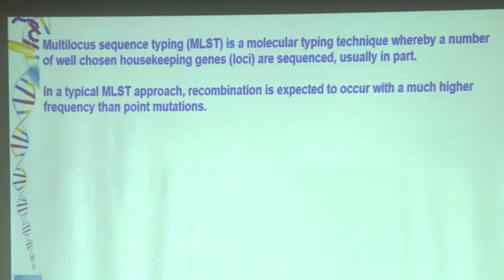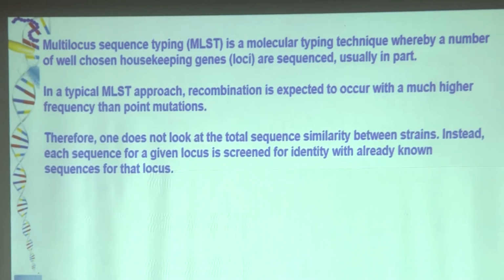In a typical multi-locus sequence typing approach, what is exploited is that recombination is expected to occur with a much higher frequency than point mutation. This is precisely exploited in multi-locus sequence typing, right.